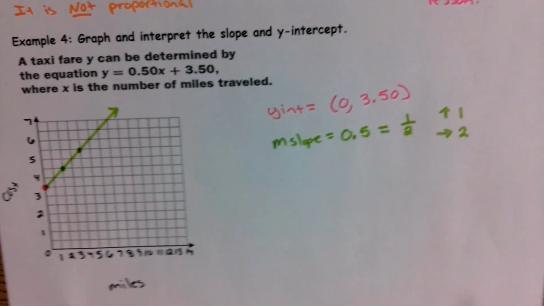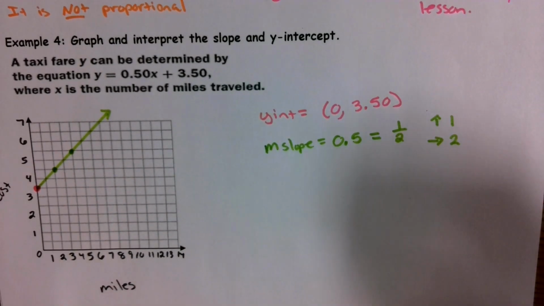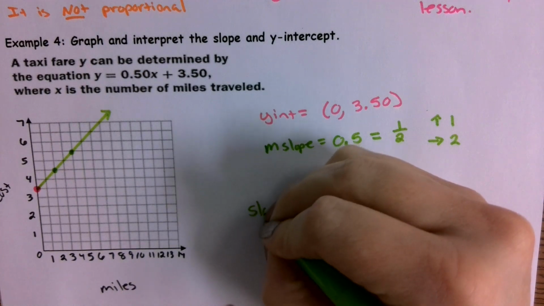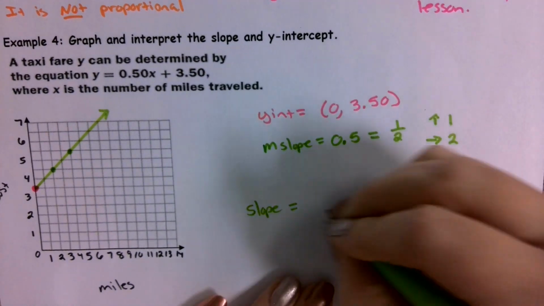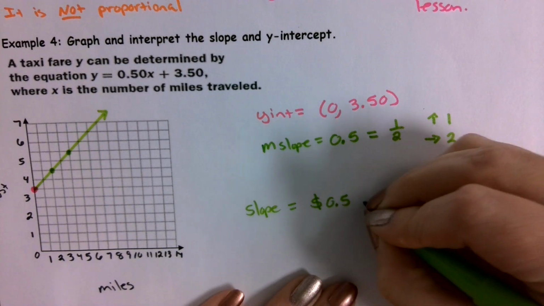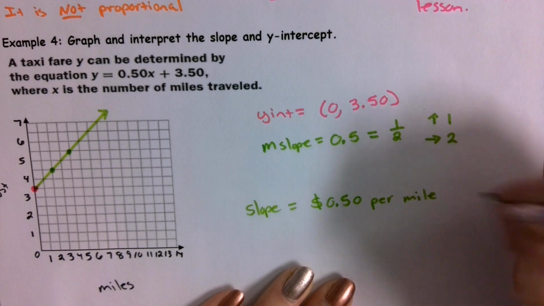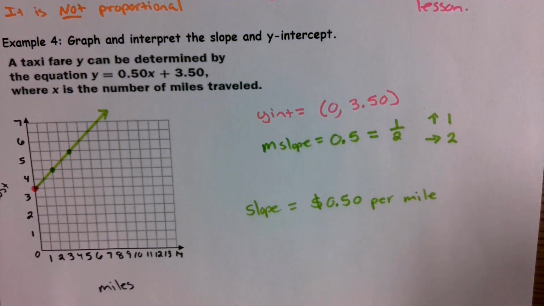That's what my graph is going to look like. Again, your slope is going to represent your cost, your money, which is 50 cents per mile that you're traveling. 50 cents for every mile that you travel.